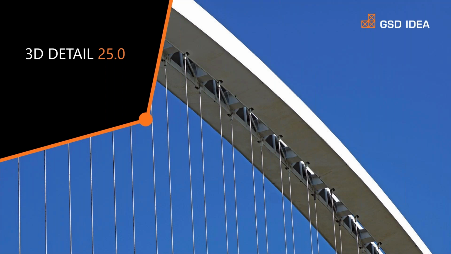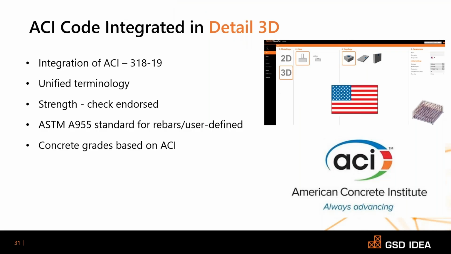Now let's dive into some of the exciting new features in the 3D detail application. If you're performing any pedestal design or footing design or any steel to concrete connection design like embedment plates or base plates, to check and size your reinforcement and to check the concrete, this is very great news for you. The ACI codes were fully integrated into the detail 3D application.